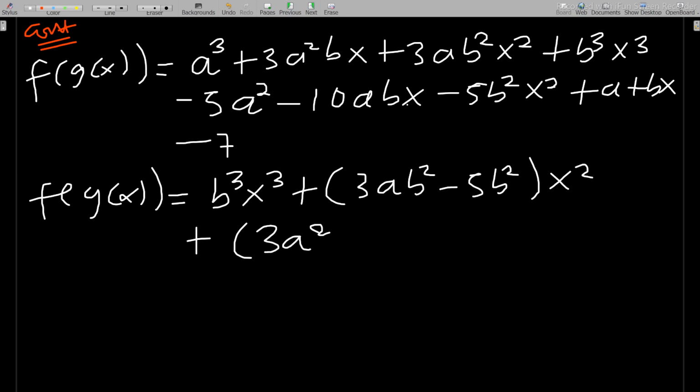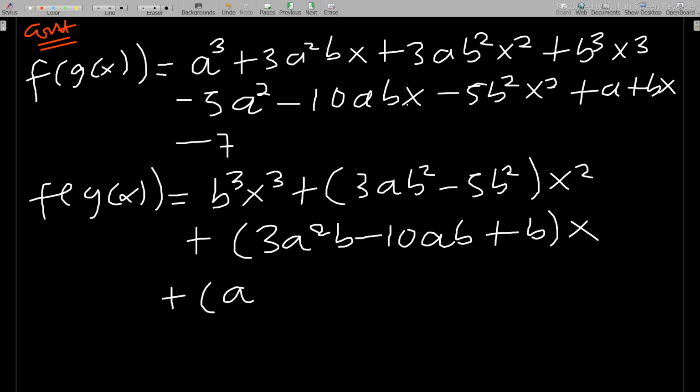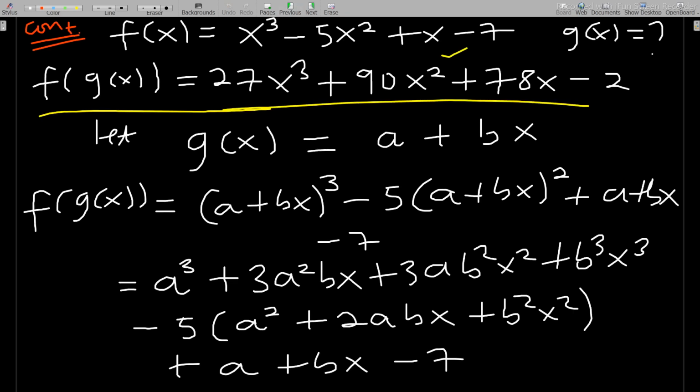So I have 3a squared b minus 10ab plus b, x. Then I have to factor the constant parts. So plus, the constant is a cubed minus 5a squared plus a minus 7. So this is f of g of x, in terms of the general linear function g of x.